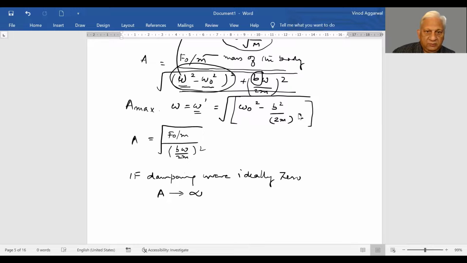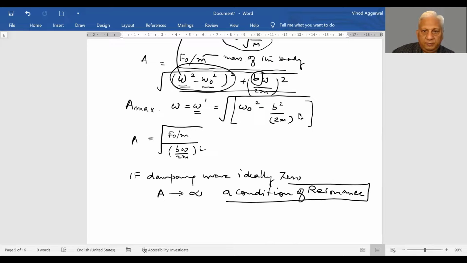This is a condition of resonance. And this practically is a very dangerous condition, because the body may start vibrating with a natural frequency, which can disintegrate the body altogether.